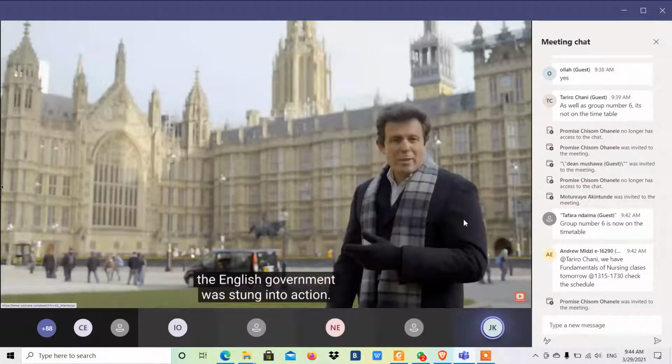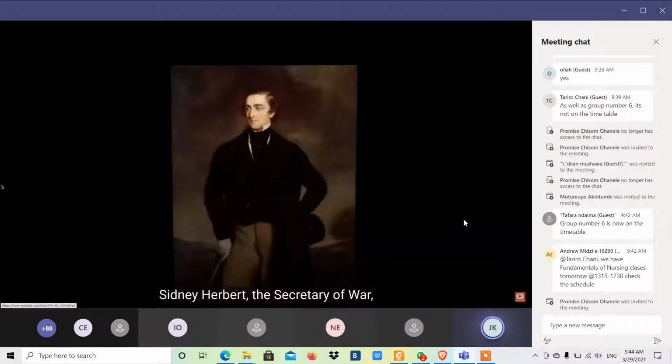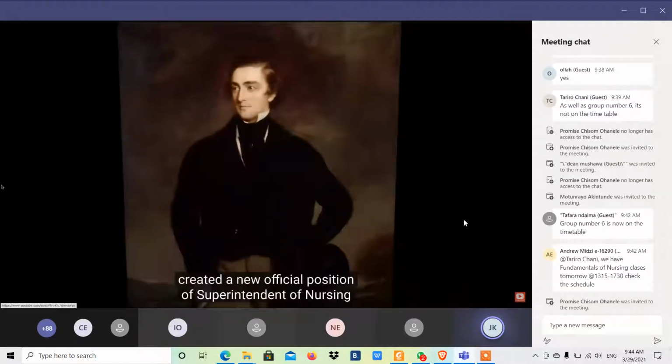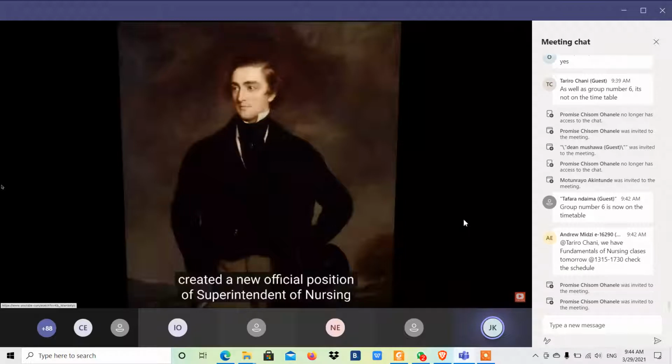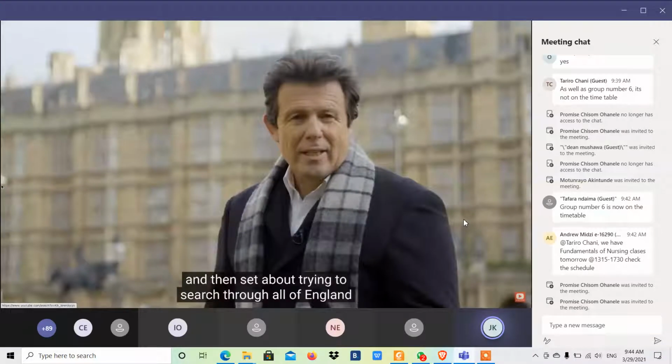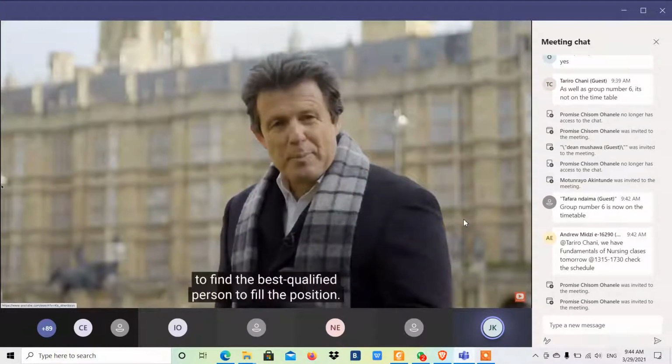Sidney Herbert, the Secretary of War, created a new official position of Superintendent of Nursing for the military hospitals in Turkey, and then set about trying to search through all of England to find the best qualified person to fill the position. And the best person he could find was a young woman, Florence Nightingale.